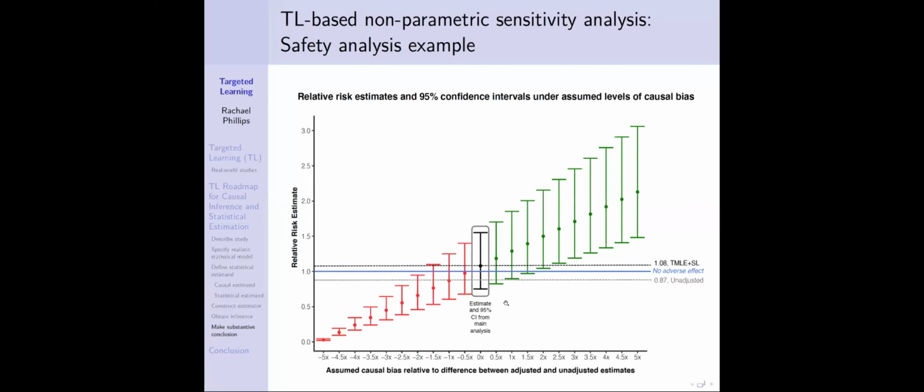And we see that not much unmeasured confounding is needed relative to the measured confounding in order for this treatment to be deemed not safe. We can see that the 95% confidence interval doesn't include one when we just have 2 times greater unmeasured confounding than measured confounding.